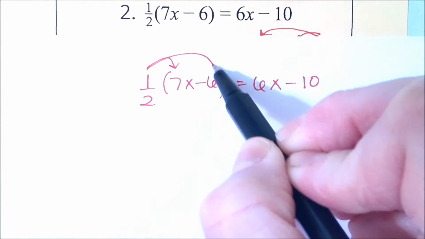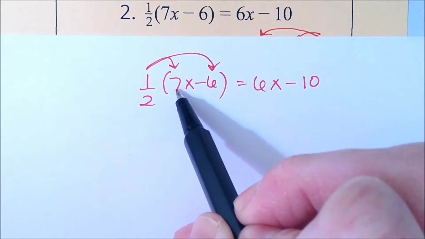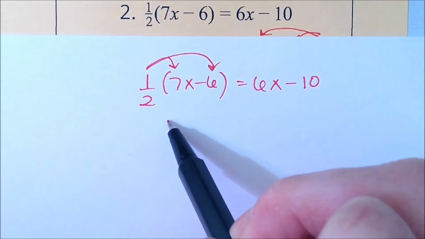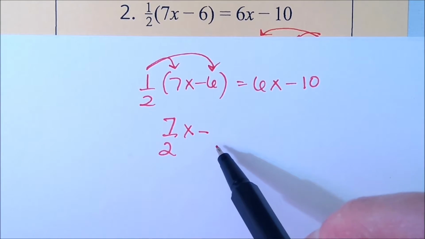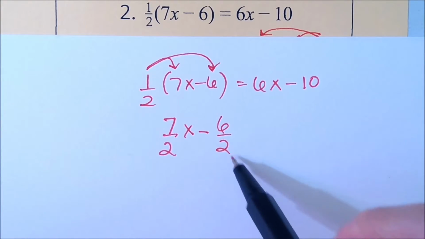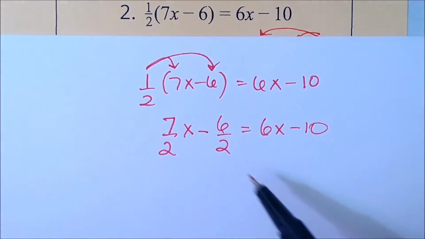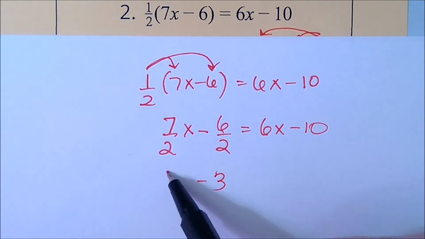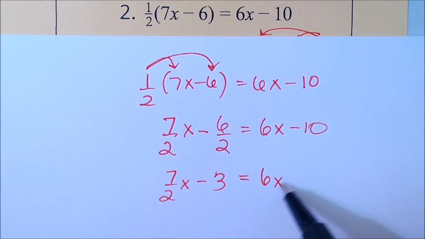But if we take a look at what would happen if we distributed, 7 is not an even number. So when I distribute my 1/2, I'm going to get 7 over 2. Now the 6 over 2 simplifies to 3, but my 7 over 2 does not.